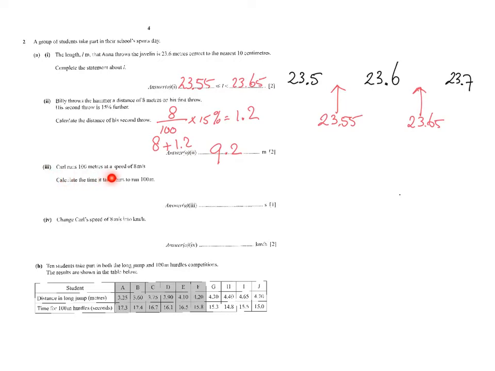Carl runs 100 meters at a speed of 8 meters per second. Calculate the time it takes for him to run 100 meters. Okay, how many seconds? Now, if you sit in the car with your parents, you will notice that the speed, how fast the car is going, is always given in kilometers per hour or miles per hour, depending on where you are.